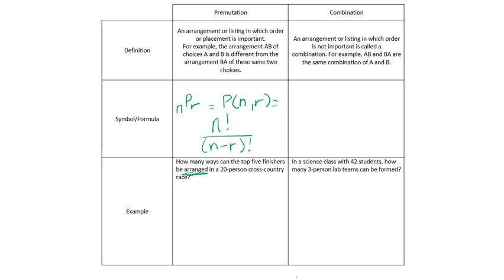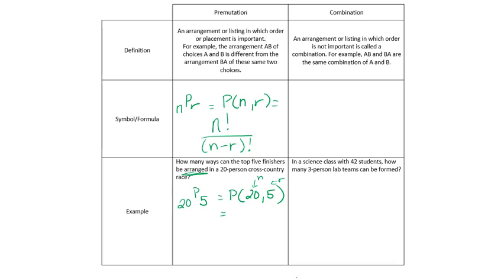The way we read this is 20 people taken 5 at a time. Or again, you can write it like this: 20 people taken 5 at a time. I've seen it both ways in textbooks, but this is how it's going to look in the formula. So this is n, and this is r.